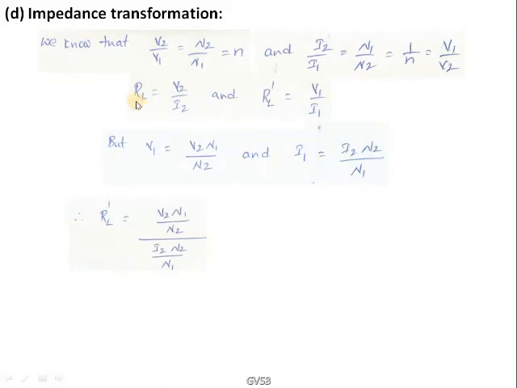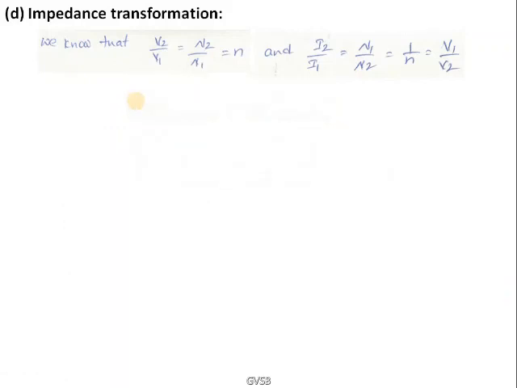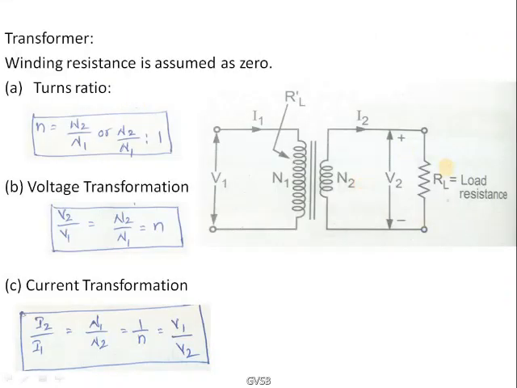So RL is a load resistance that is connected at the secondary of our transformer, and RL dash is called effective load due to the RL in the secondary, or it is also called reflected load resistance or transformed load resistance.